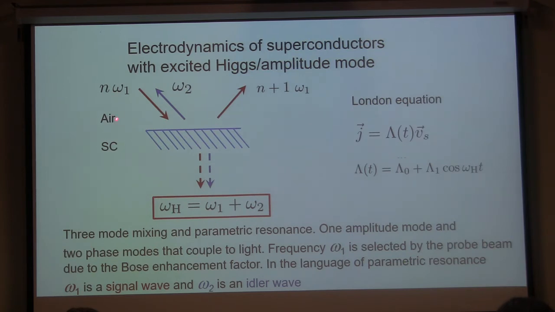Then actually there will be bosonic stimulation, and therefore the pairs of photons which will be predominantly generated are the ones which match this frequency omega 1, and therefore what we will find is that when we are sending n photons with frequency omega 1, we will generate an additional omega 1, omega 2 pair. Therefore what will be reflected is now one extra photon at this incoming frequency, and also the kind of partner photon, which is called the idler photon in the language of quantum optics, right? Something that's complementary to the Higgs frequency.